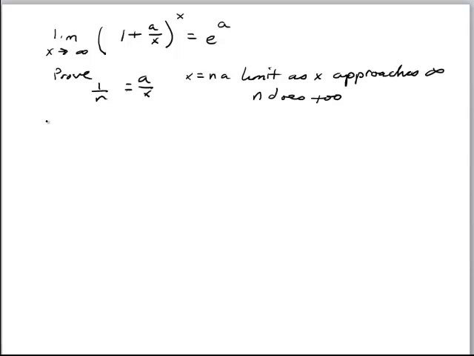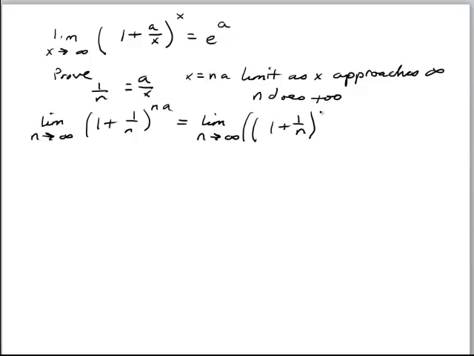So this is the same as the limit as n goes to infinity of 1 plus 1 over n to the na, and that's the limit as n goes to infinity of, I'm going to put 2 brackets here, 1 plus 1 over n to the n, and then all of that raised to the a.